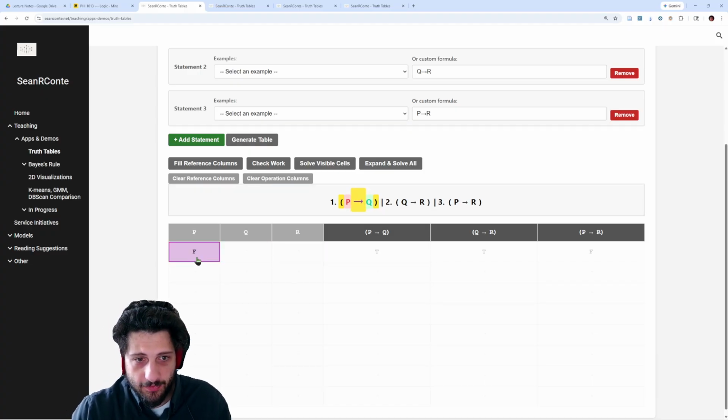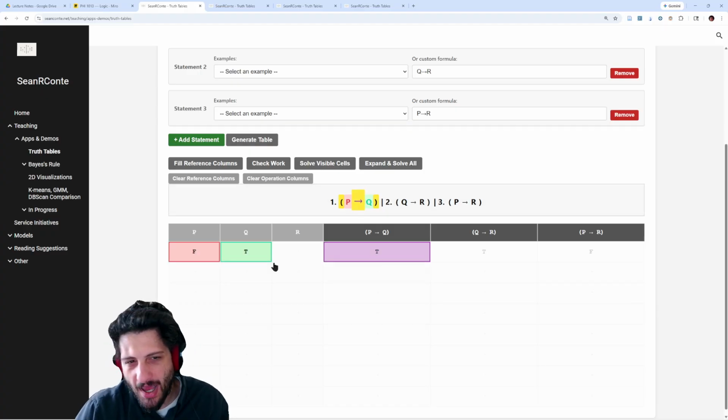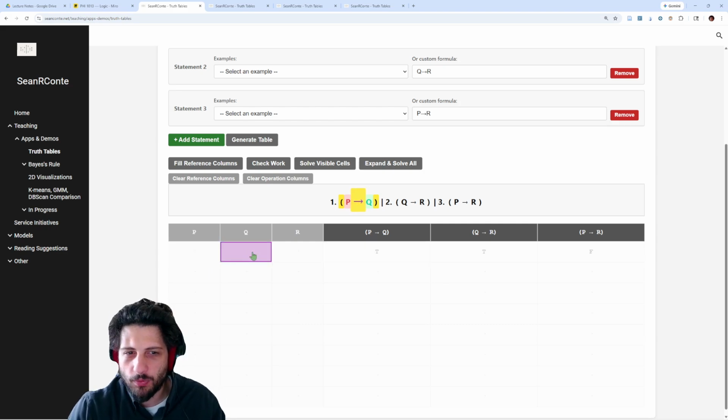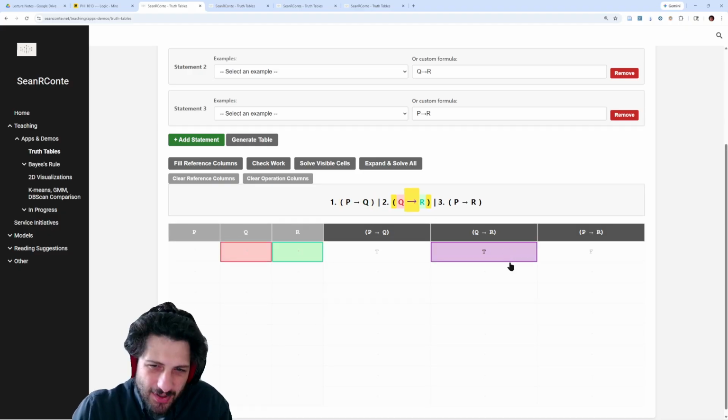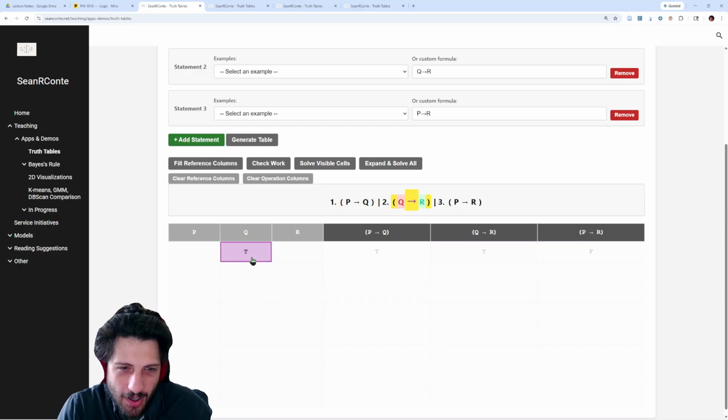P could be false and Q could be false. Or P could be true and Q could be true. Or P could be false and Q could be true. All of those would satisfy my hypothesis. And at this point, I'm not really sure which one to choose. Same thing's going on over here. You're telling me this conditional is true, but in which way is it true?